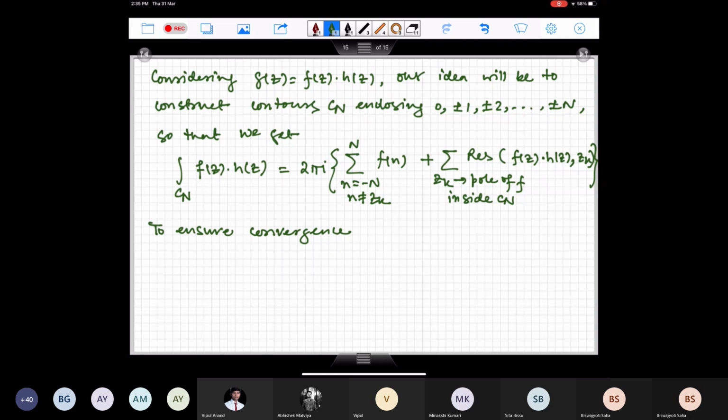For example, if somebody takes the series sum over n in Z of minus 1 to the power n, will this have a limit?